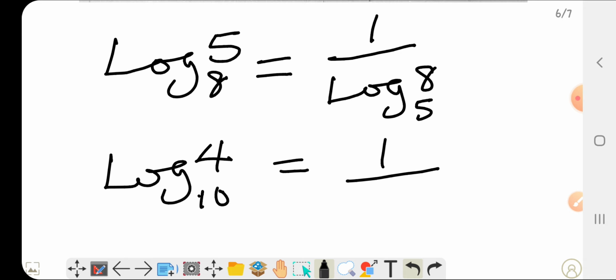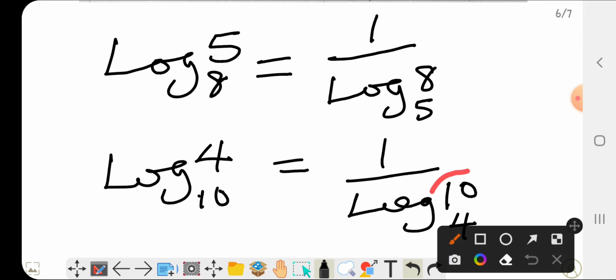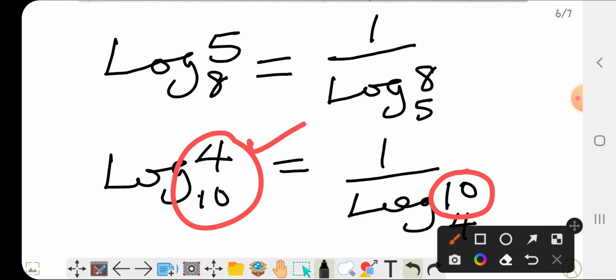So once you place this one, you are now allowed to write log 10 base 4. The numbers will now swap each other. The 4 now becomes the base, and the base now becomes the number. So that is reciprocal law for you.